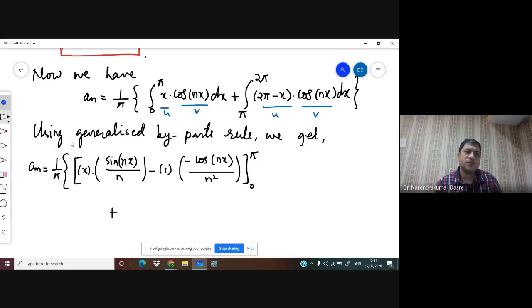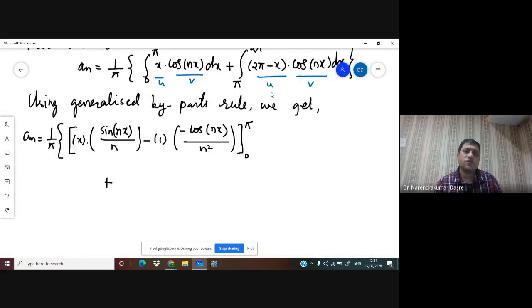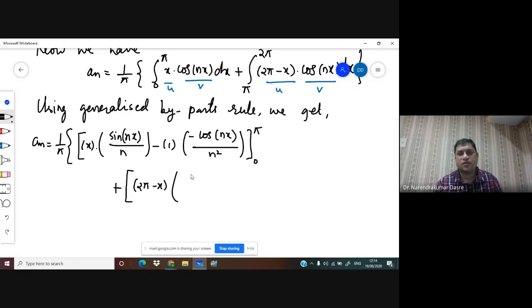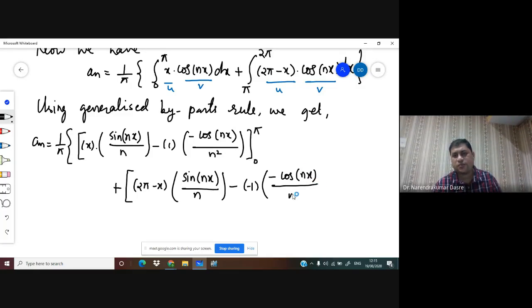Now plus, okay, so think of this integral. So we have 2 pi minus x, and the integral will be sine of nx upon n, minus the derivative of this term, which will be minus 1, and the integration of this is minus cos of nx upon n square, and here we have the limit pi to 2 pi.